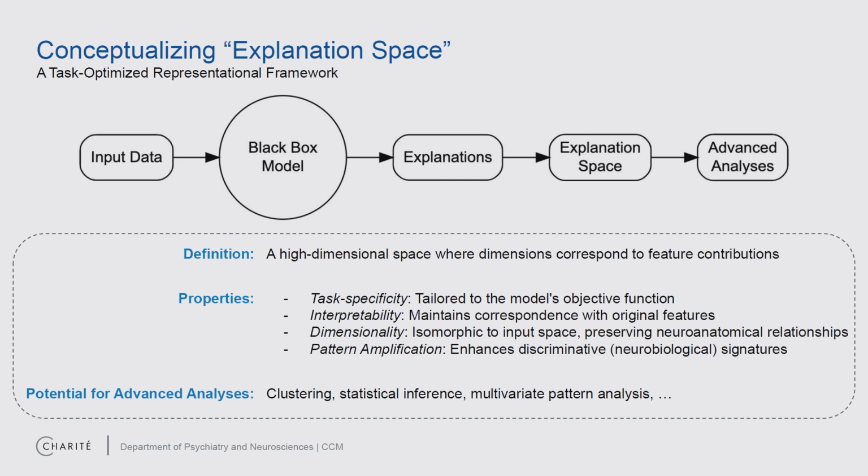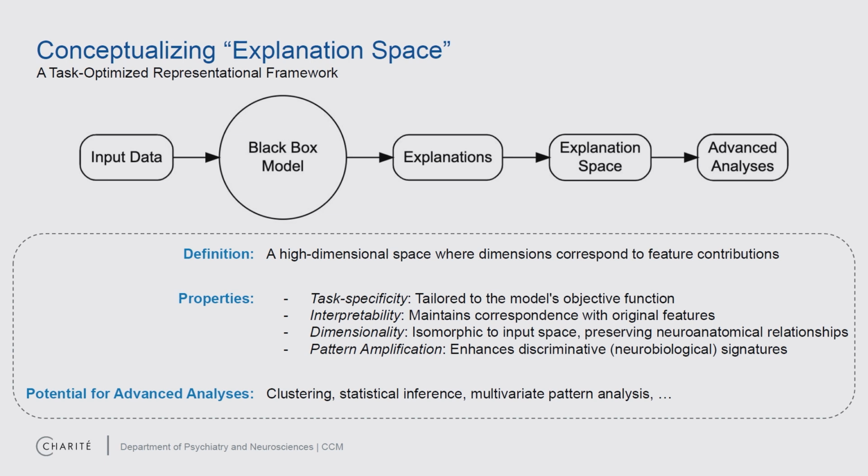To simplify the maths into words a little bit, the explanation space is the mapping into the space where the data dimensions correspond to the feature contributions for an individual prediction. That space has a couple of interesting properties. It's task specific.